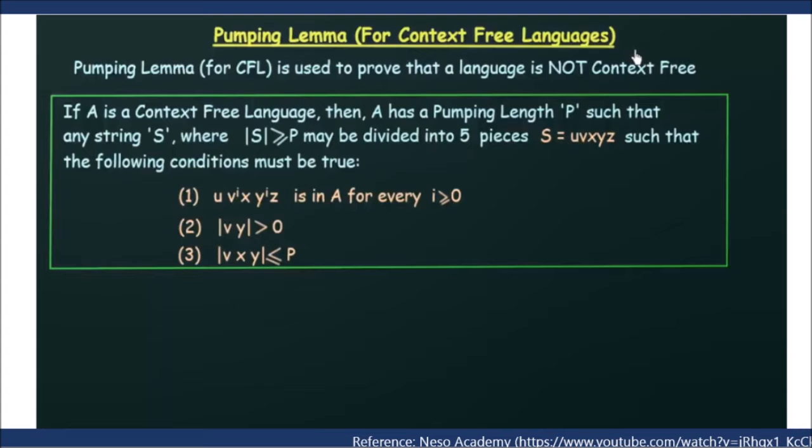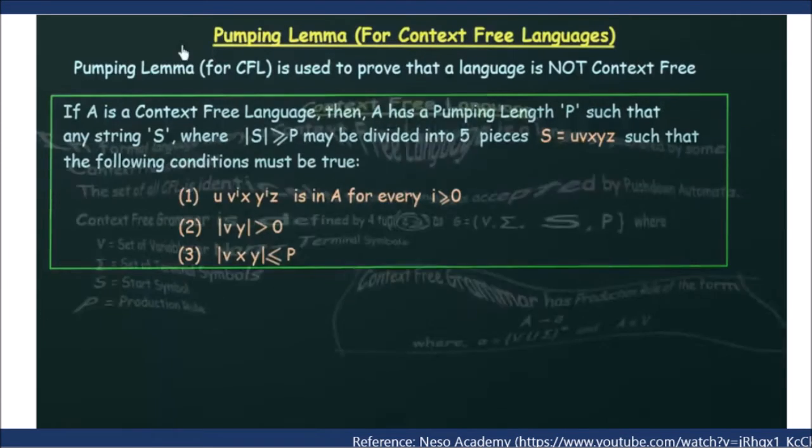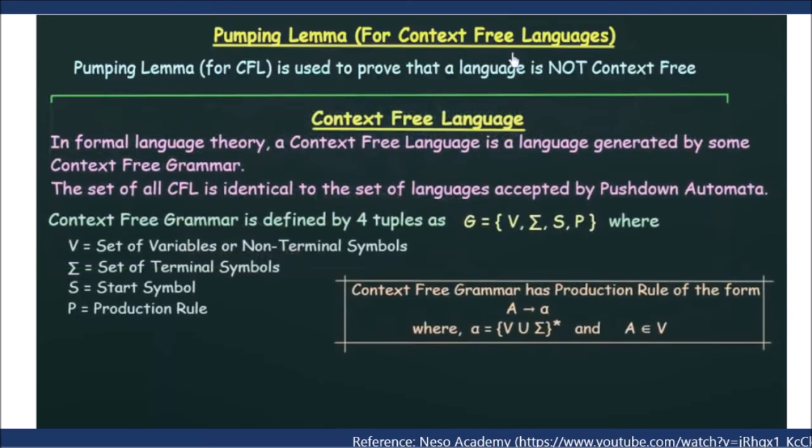In this lecture, we'll be studying the pumping lemma for context-free languages. So what is the pumping lemma for context-free languages? It is used to prove that a language is not context-free. If you remember, we have already studied the pumping lemma for regular languages, where we use the pumping lemma to prove that a given language is not regular.